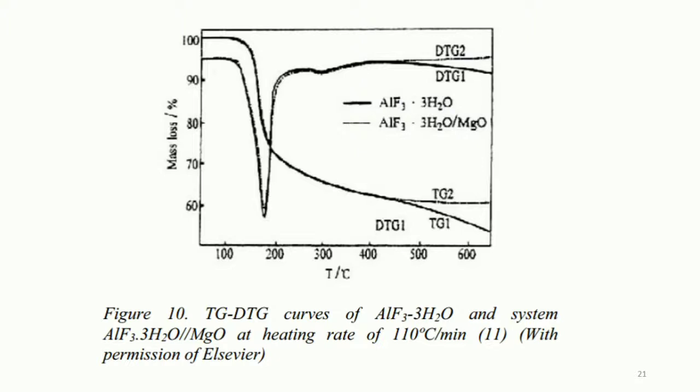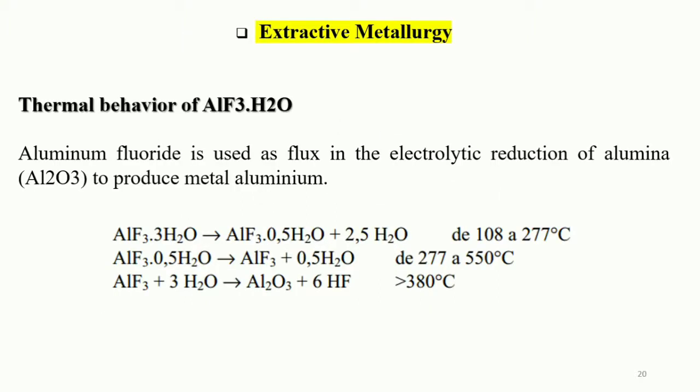So this is all about the TG-DTA curves of AlF3·3H2O and the system AlF3·3H2O with magnesium oxide at the heating rate of 110 degrees Celsius per minute. And this is the whole thermal behavior of AlF3·3H2O.